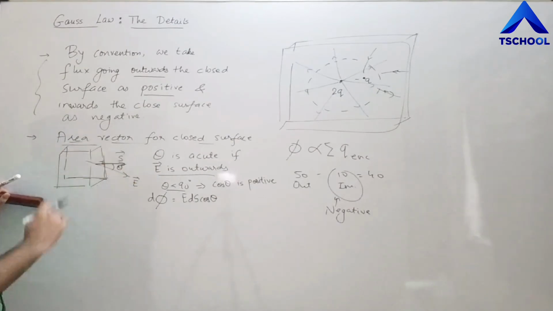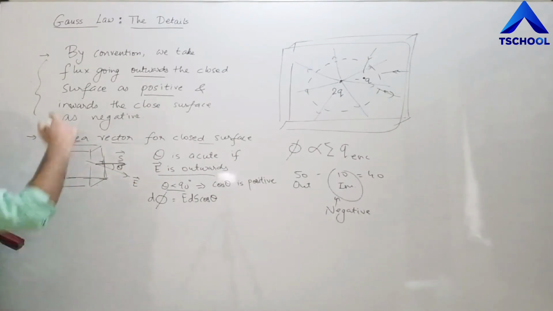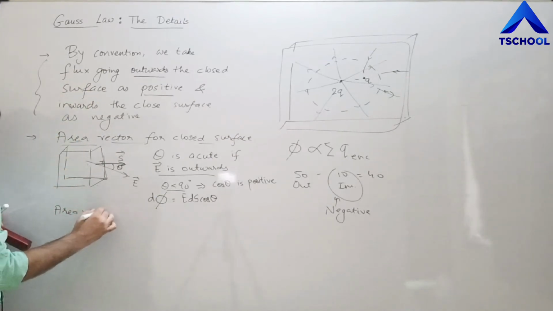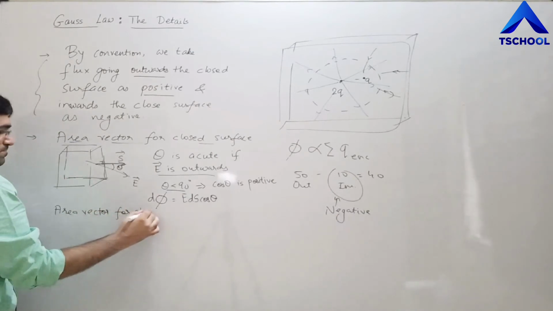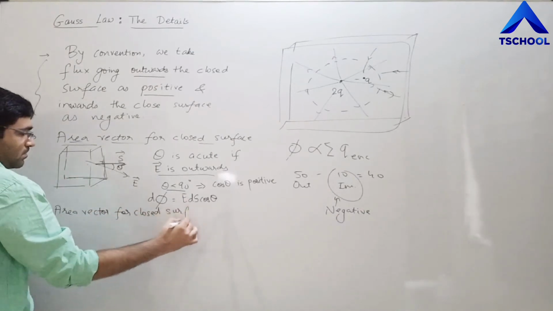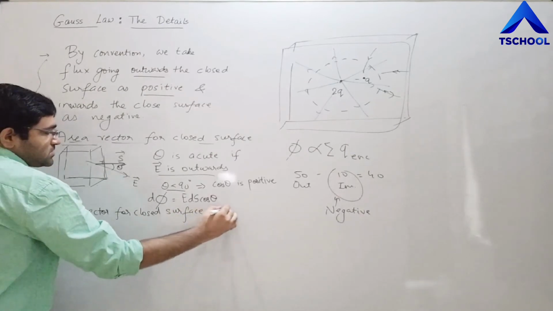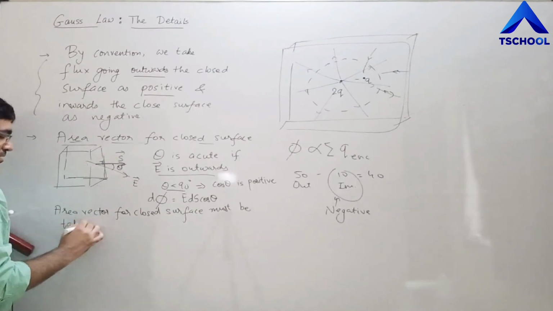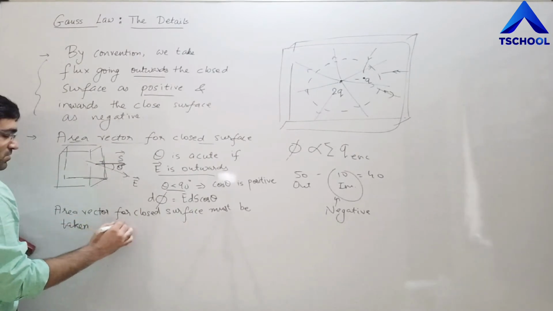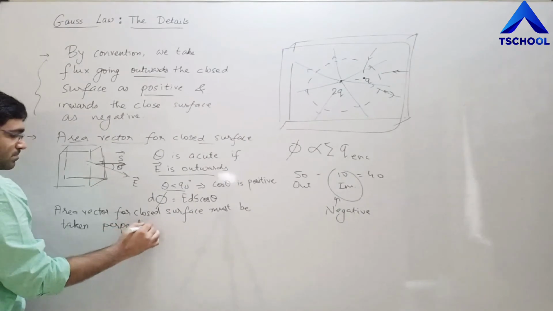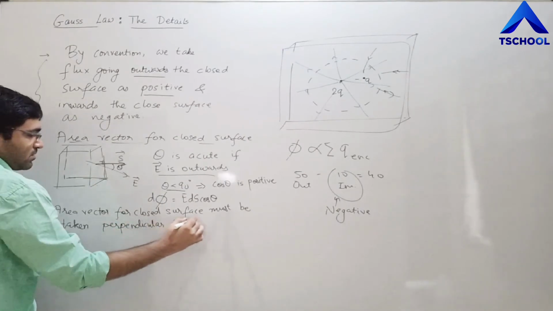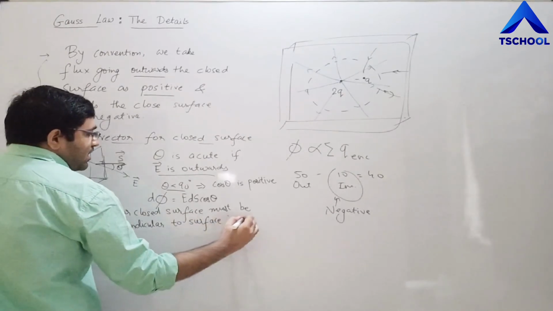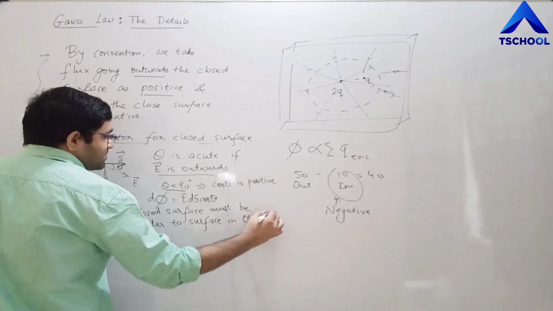So to sum it up, according to this convention, the area vector for a closed surface must be taken perpendicular to the surface, in the outward direction.